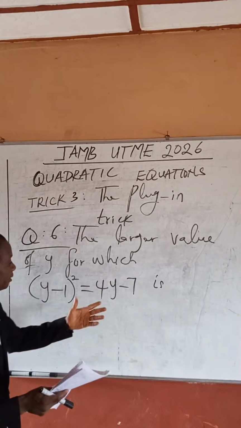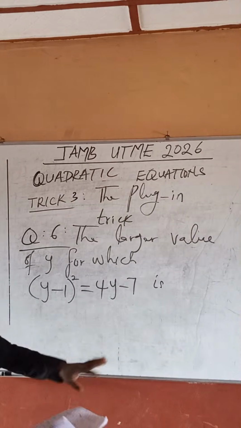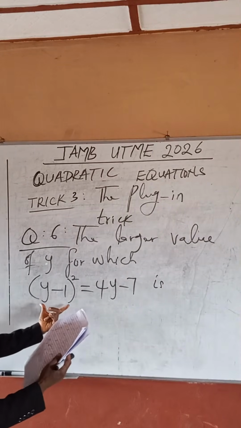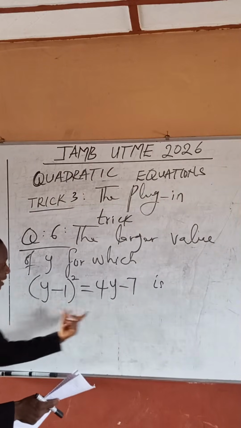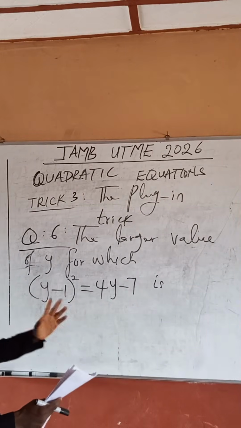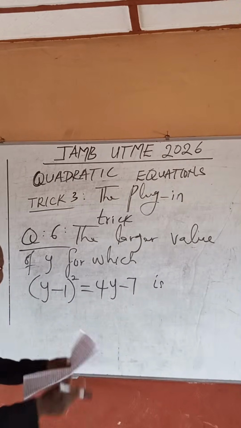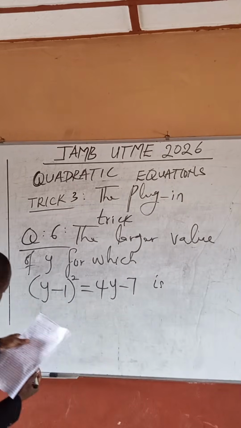A question like this. You see that this is quadratic in nature, if you expand this one, you are going to have a quadratic equation. But we are given answers. Look at the answers.